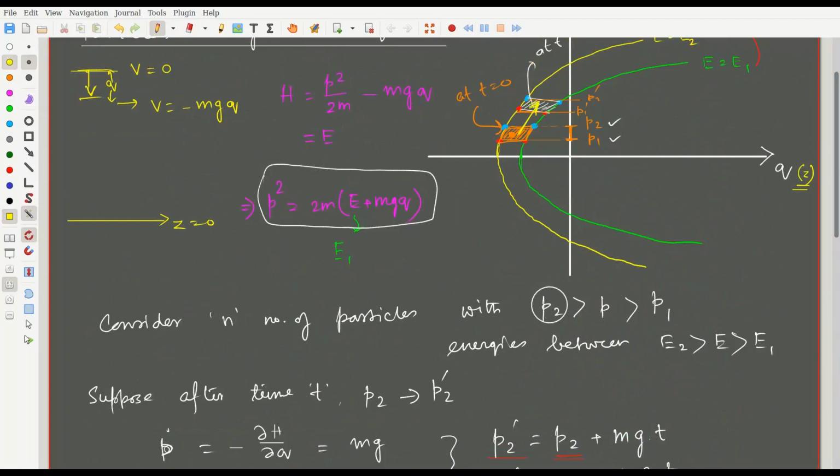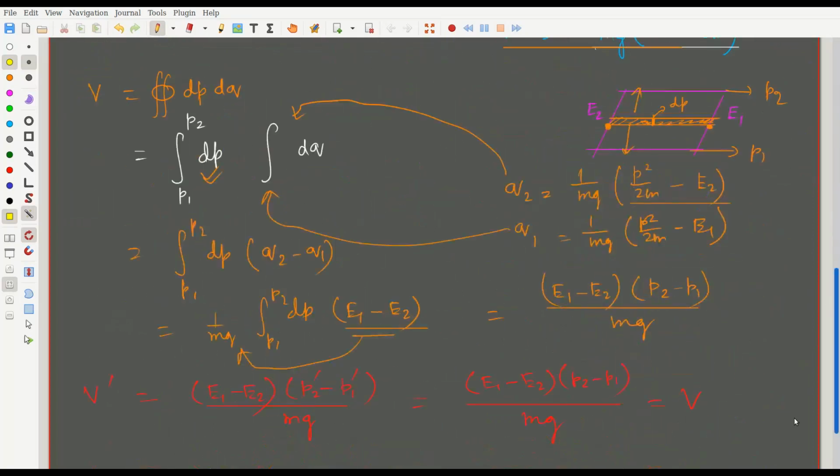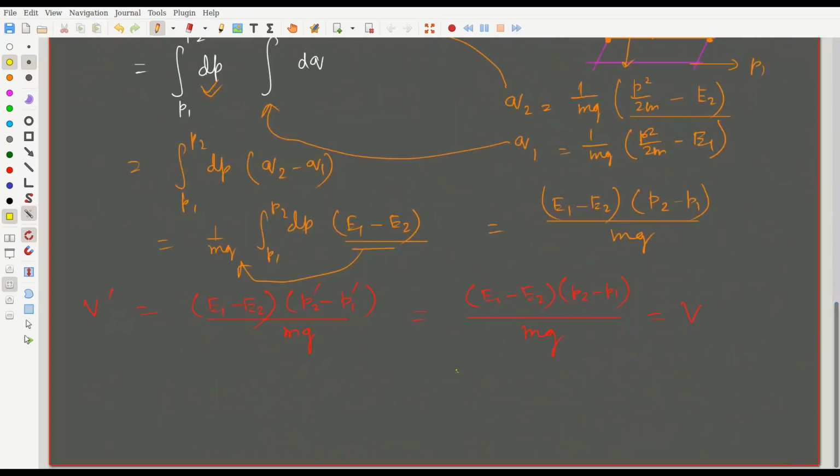So this density of the phase space points along the evolutionary path of this phase space trajectory remains constant. Okay, so this is a special case of a general statement called Liouville's theorem.